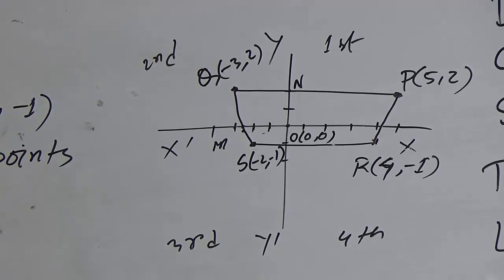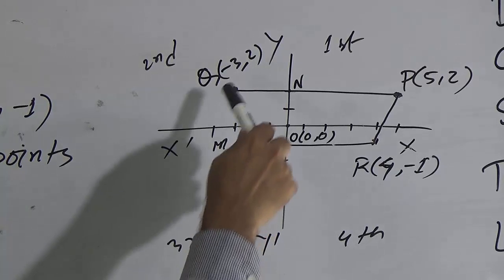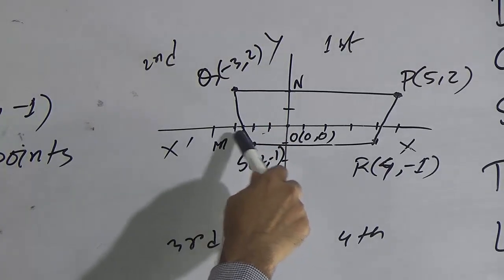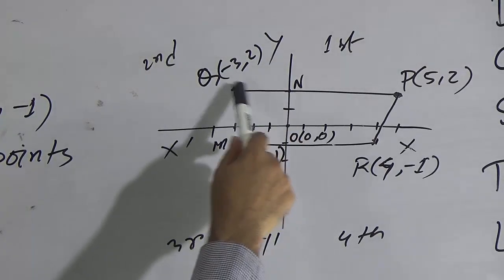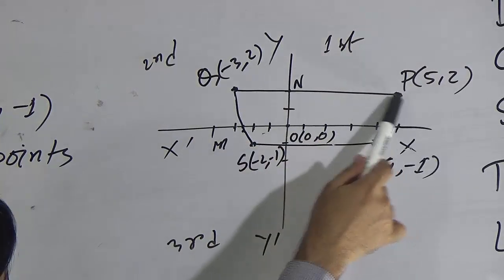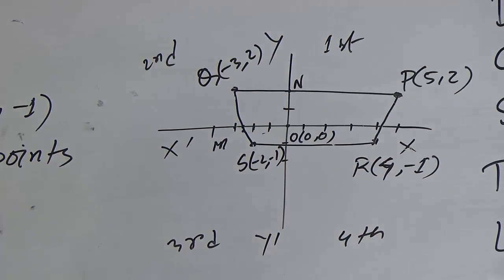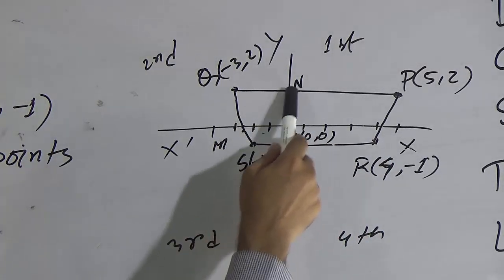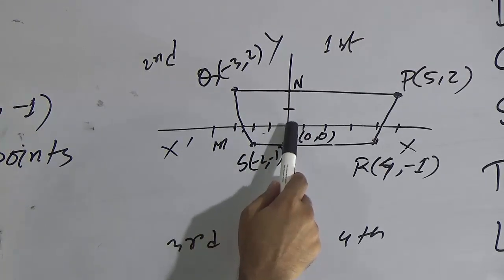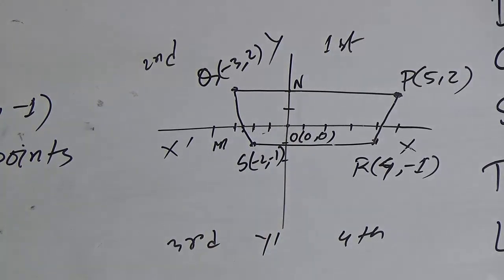Okay dear students, so to determine that, at first we need to determine the equation of the straight line QS to get the point M, and then we need to determine the equation of the straight line PQ to determine the point N. Then we will get these 2 points, and we know the origin is 0 0. So using these points we can determine the area.